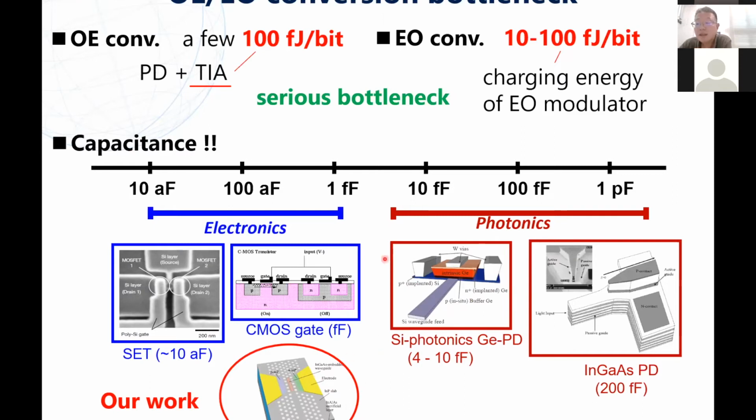And actually, this is a fundamental reason why OE-EO conversion is so power hungry. However, recently, we achieved a sub-femtofarad capacitance for OE and EO conversion devices using photonic crystals.